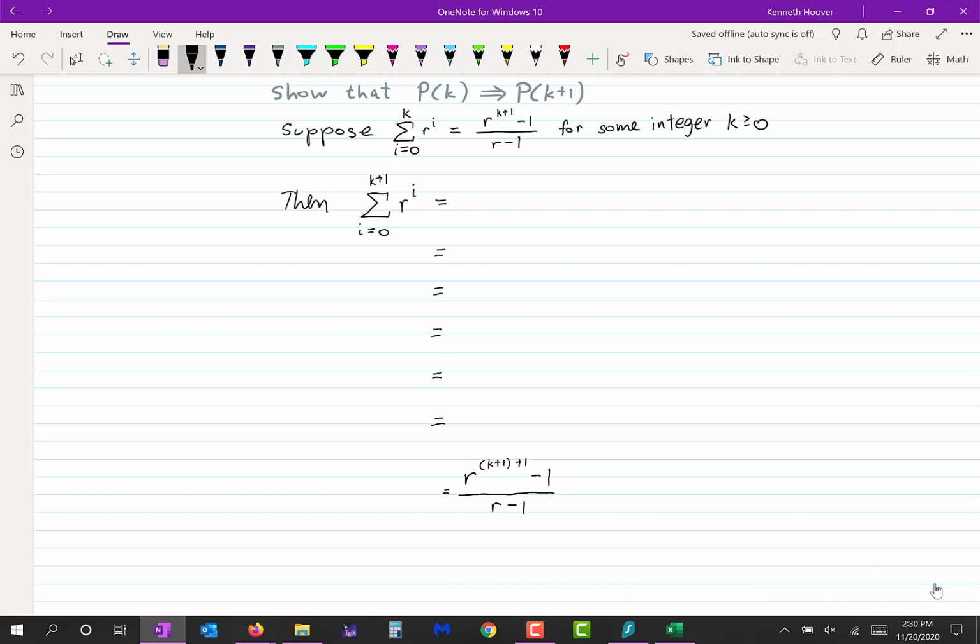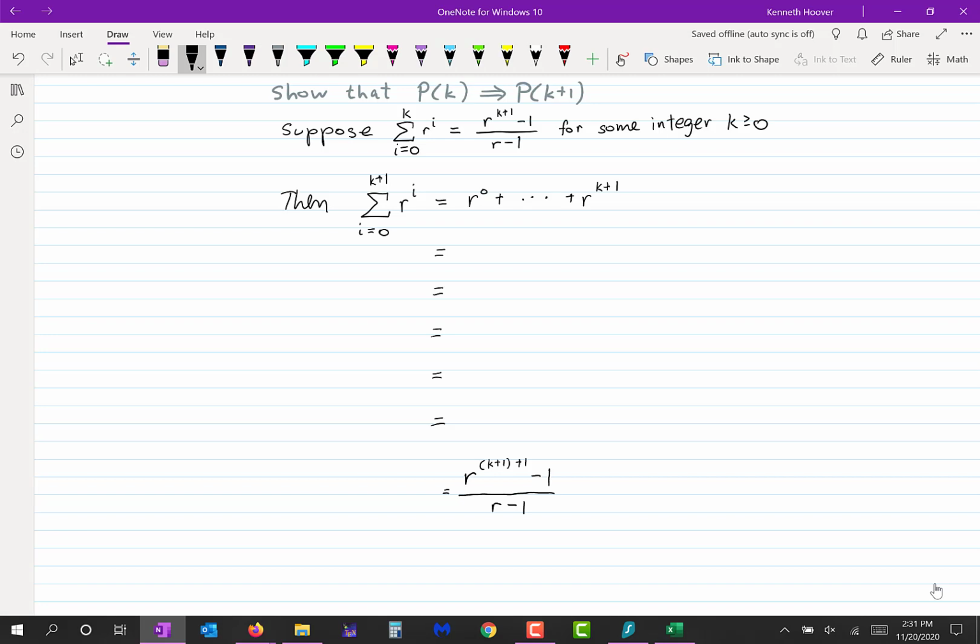Okay, well, where do we start? Why don't we start with writing down what this looks like? That's a good place to start. It looks like this. R to the 0 plus r to the first, r to the second, and so on. And we would stop when we get to r to the power k plus 1.